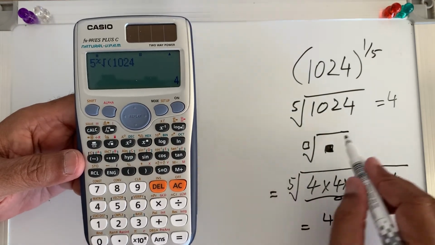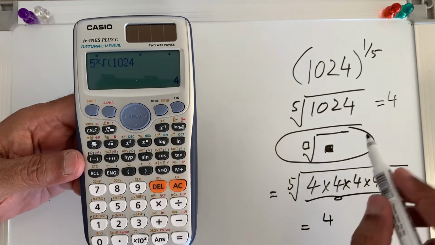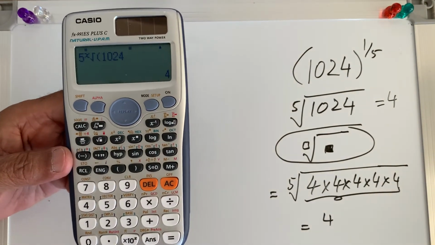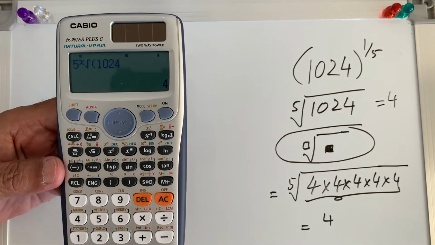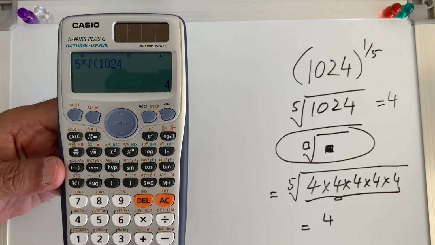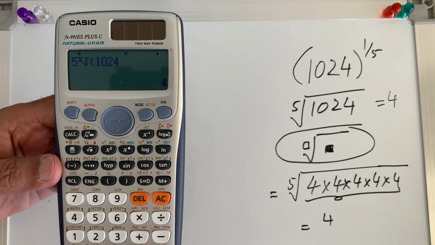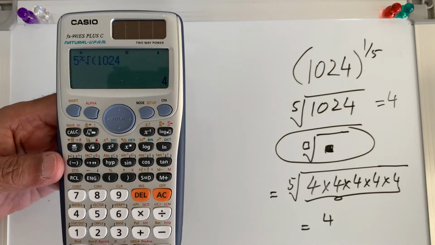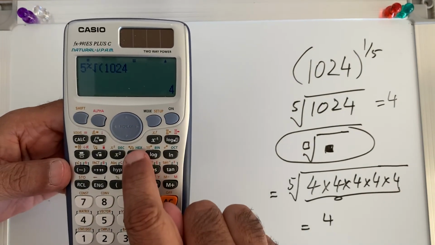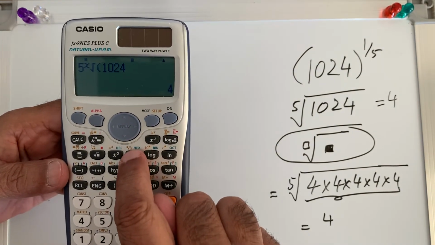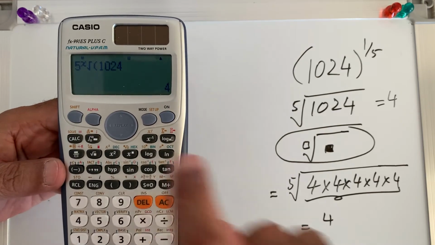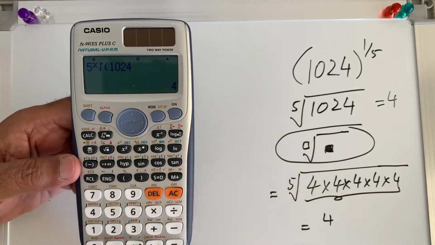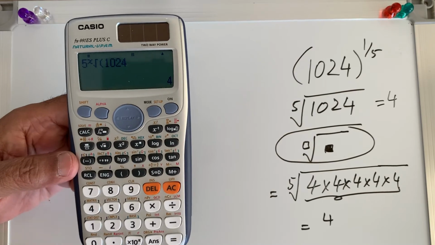Now we learned how to use this sign to calculate any root after the cube root: fourth root, fifth root, sixth root, any number of the root. You have to press that number first, and then you have to use this sign. It's in red, so I can make it in red for you if you want.